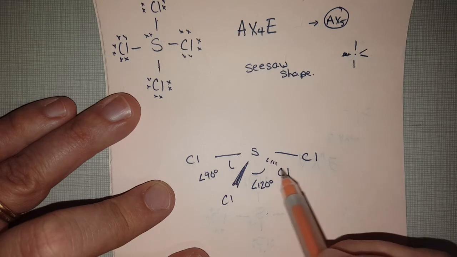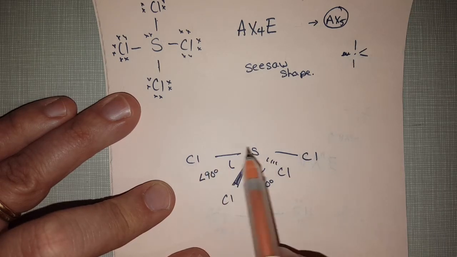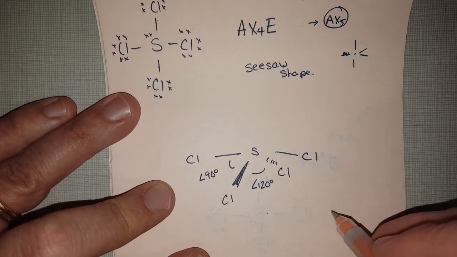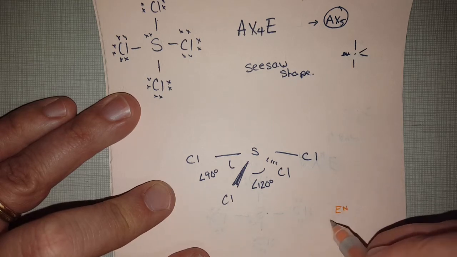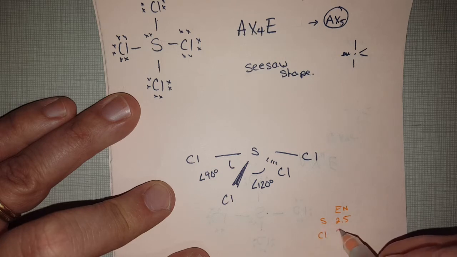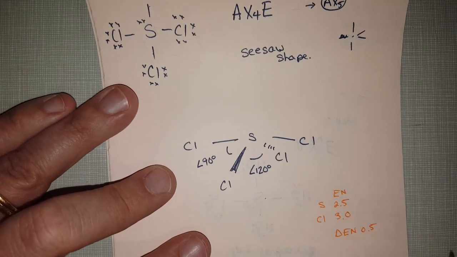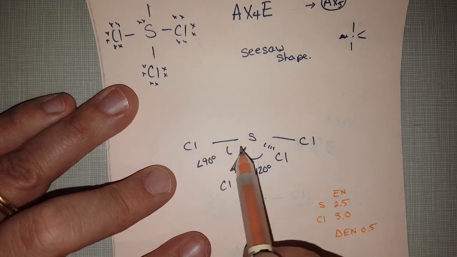Now, if I want to know what kind of intermolecular forces this will have, I first need to determine the nature of the sulfur-chlorine bond. If I look up the electronegativities, sulfur is 2.5 and chlorine is 3.0. This gives me an electronegativity difference of 0.5. Since 0.5 is our cutoff to just being polar, I do have slightly polar bonds.